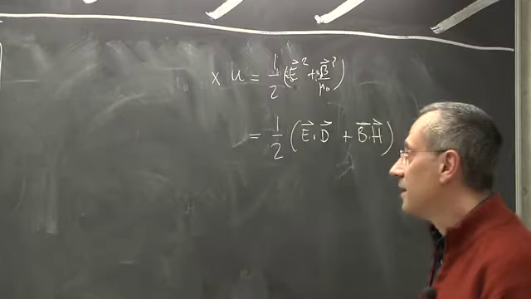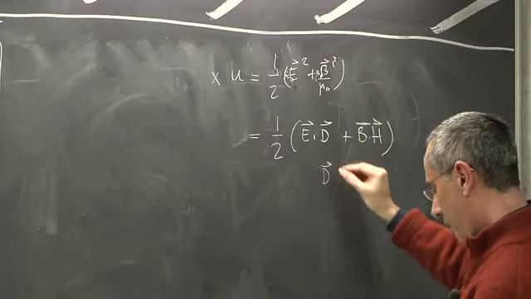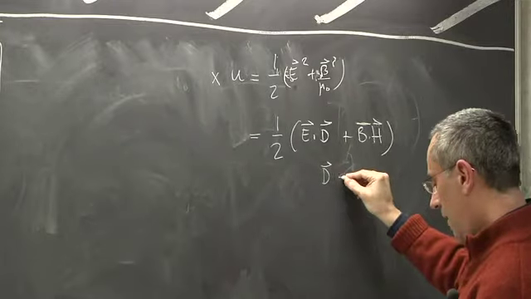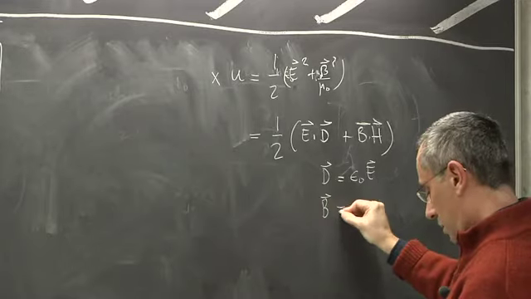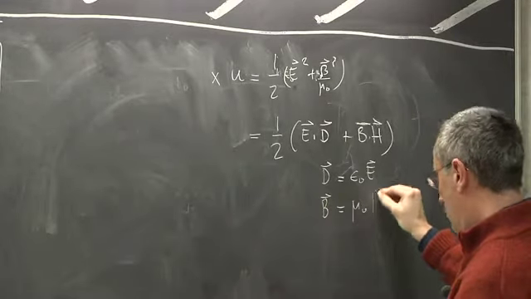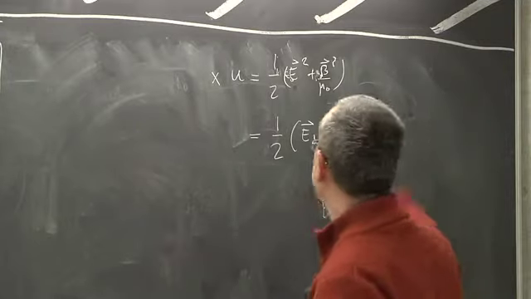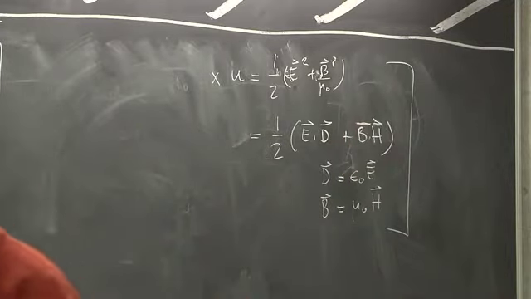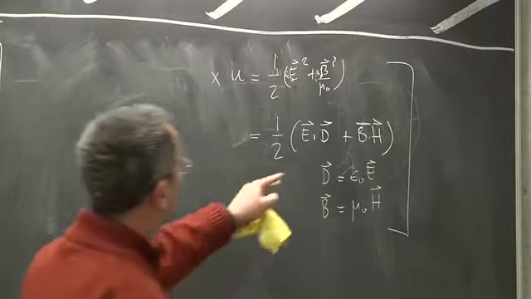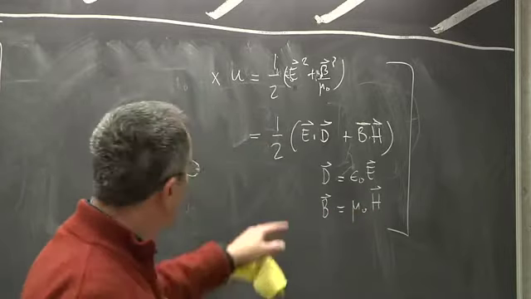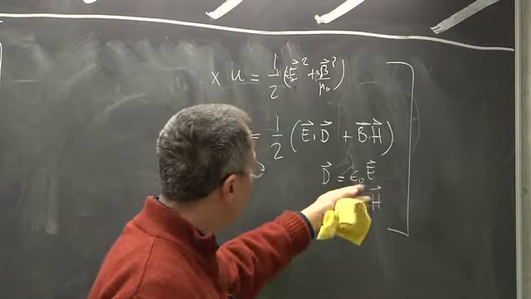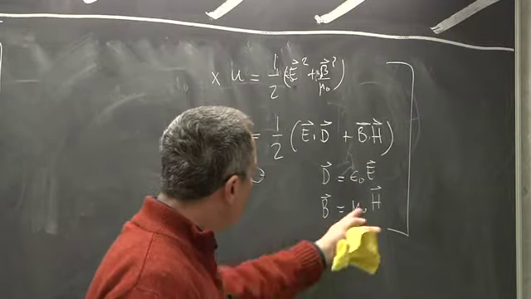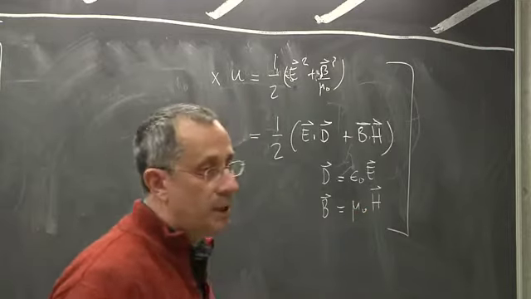In fact, in the vacuum D is epsilon naught E, and B is mu naught H. Of course, this is also true in a macroscopic medium, but then it's no longer true that D is just proportional to E, and neither is H proportional to B. It's more complicated.